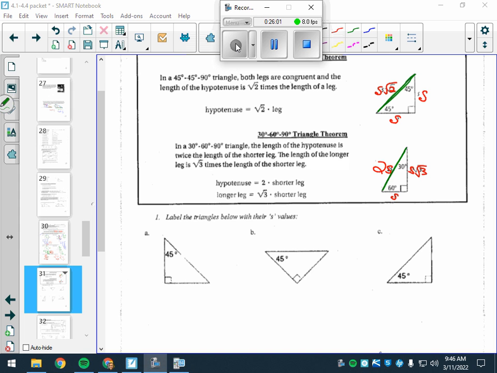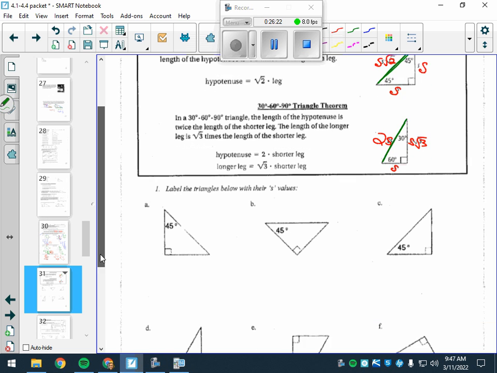Therefore, it's never going to be S, S, and 2S. That would be too easy. It's S, S, and S root 2 for the 45. And then here, you've got S, 2S, and then you need a radical, right? And it's not going to be 2 again. It's going to be root 3 this time, so S root 3. So those are just the way I try to remember.